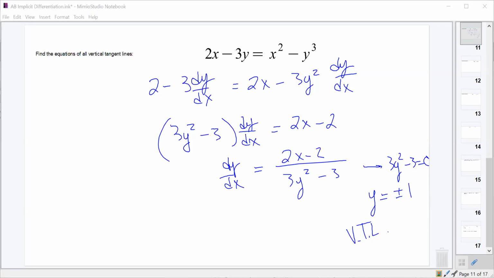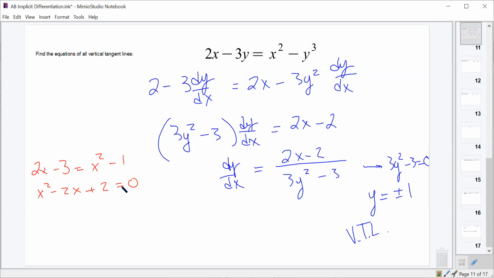So if y equals 1, we'll have 2x minus 3 equals x squared minus 1. And we should be able to solve that. It's just a quadratic, right? x squared minus 2x, and then we'll add the 3 over here. So x squared minus 2x plus 2 equals 0.